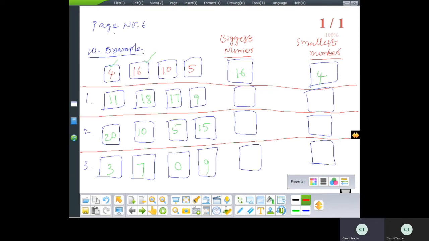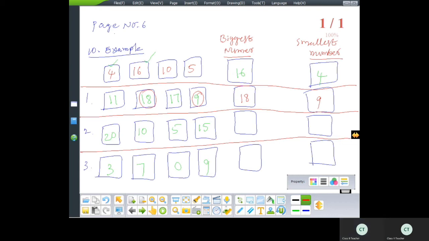Okay, students. Now, question number 1. Given numbers are 11, 18, 17, 9. From these 4 numbers, which is the biggest one? 18. Next, which is the smallest number? The smallest number is 9. Now, question number 2. The given numbers are 20, 10, 5, 15.